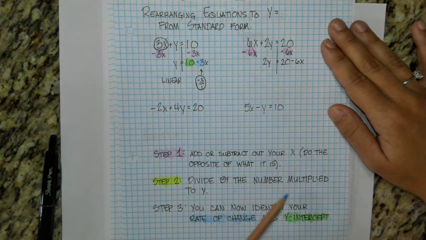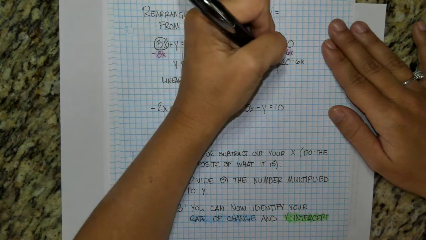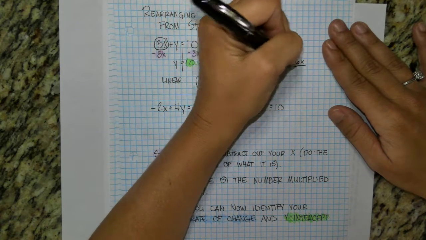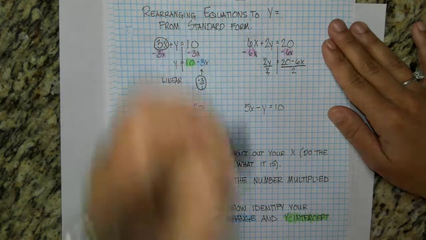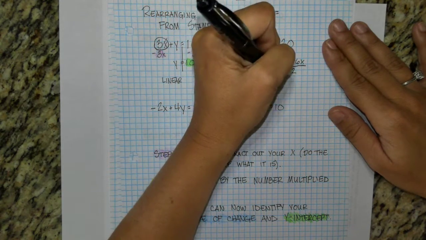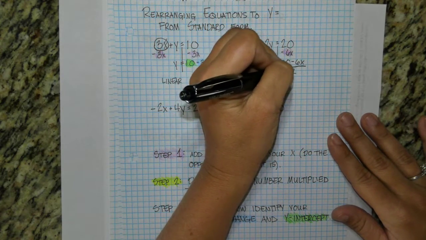Step 2 says divide by the number that is multiplied to y, and currently it's 2 times y. So I need to divide by 2. Whatever I do to one side, I have to do to the other, so I have to divide all of this by 2. Cancels that out. 2 divided by 2 is 1, so now it's just y equals, or 1y. And I have to do the same divide by 2 for everything here.